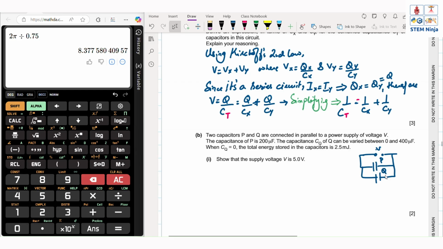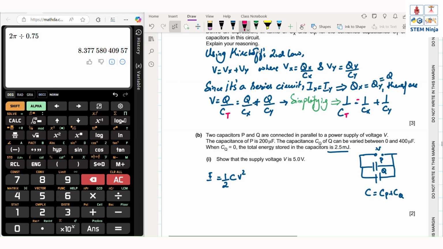We know the total capacitance now. So total capacitance would be Cp plus Cq. So total energy that is stored is going to be equal to half C V squared.